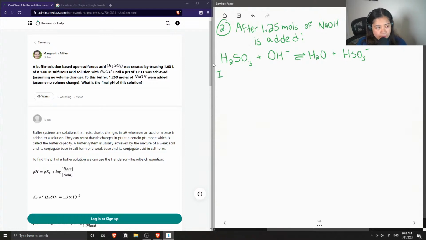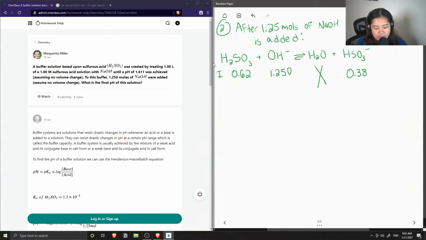Okay, so now we need to have the remaining moles of H2SO3 from the previous question, which was 0.62. And we also have some concentration of our HSO3 minus ion from the previous step as well, and we calculated it to be 0.38. Again, I'm just going to neglect the water, but this time for the OH minus, we know that 1.25 moles were added.